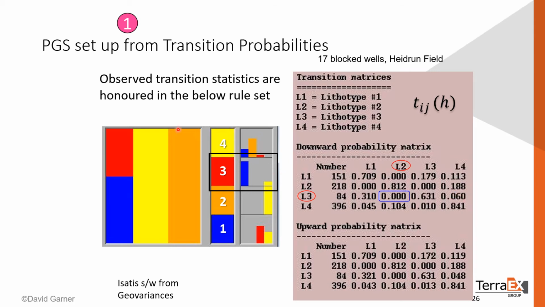So from that, I set up this template with the orange separated from the red and blue, and red and blue transitioning into one another. If you notice here, red mostly transitions into blue in itself with a little bit into yellow. And then finally, the yellow is in the middle. It transitions into all the others.